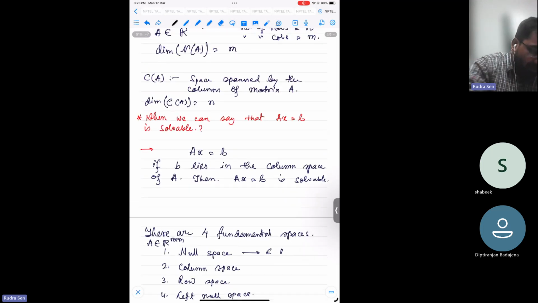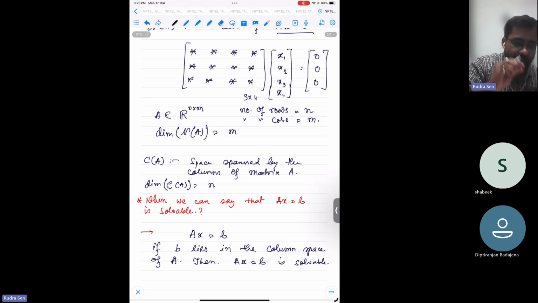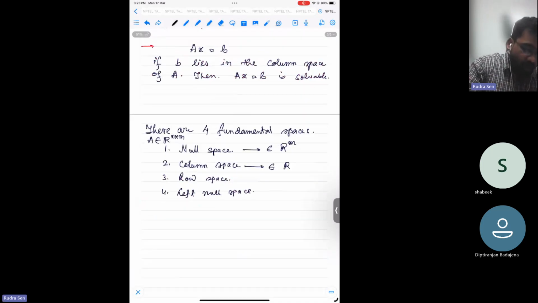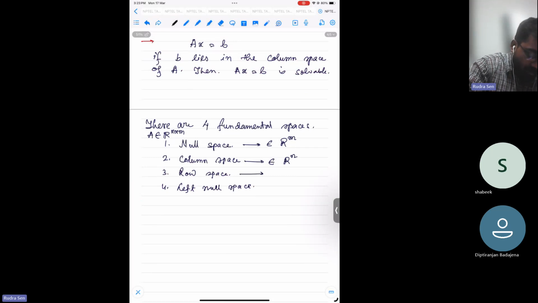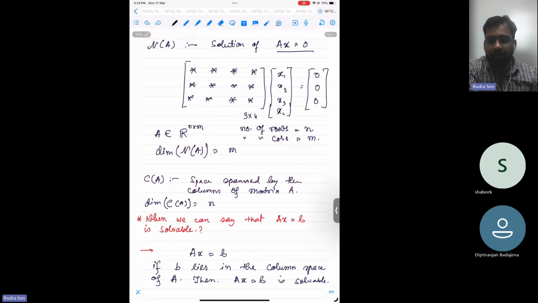The dimension of the null space is m, which means the null space belongs to Rm. For the column space, every column consists of n elements, so the column space belongs to Rn, where the number of rows is n and the number of columns is m. What will be the row space? The row space is nothing but the column space of A transpose. The column space of A has n elements, so the column space of A transpose should have m elements, right?